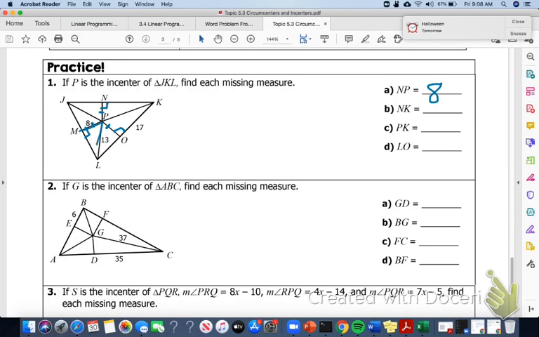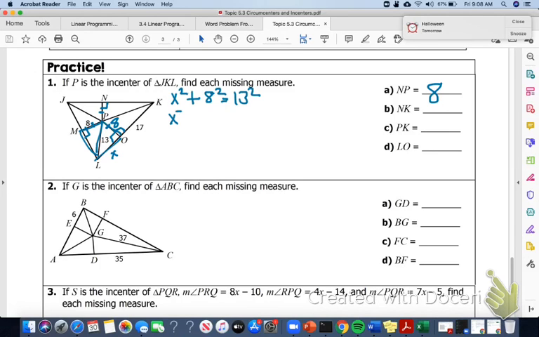Alright, then we have a right triangle here. We are asked to find not ML, but we are asked to find LO. So since this is also 8, this is the same triangle, right? So if we want to find this side, this is one of my legs. So x squared plus my other leg, 8 squared, has to equal my hypotenuse, which is 13 squared.